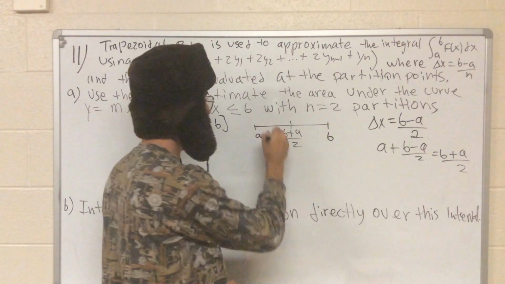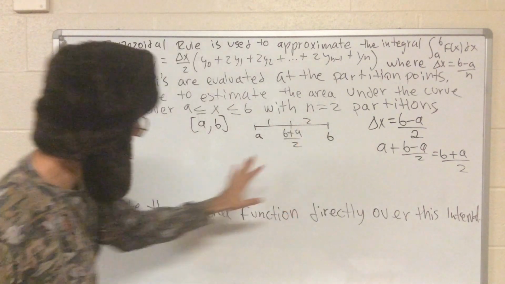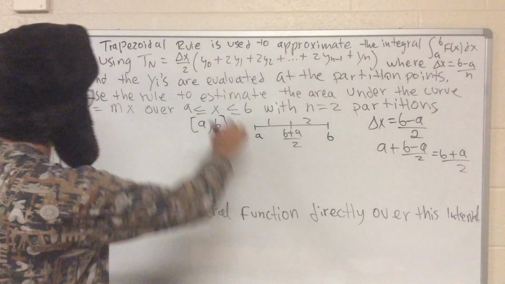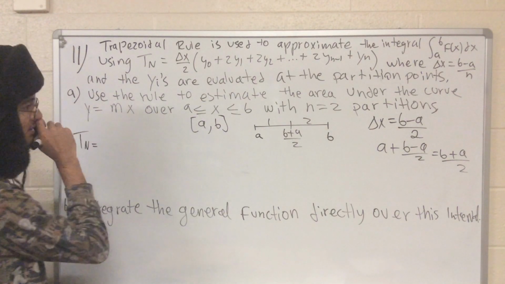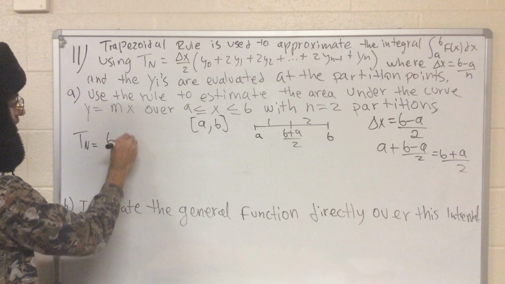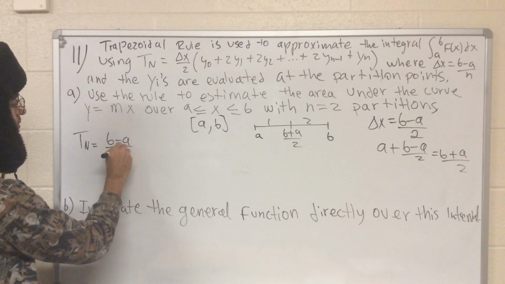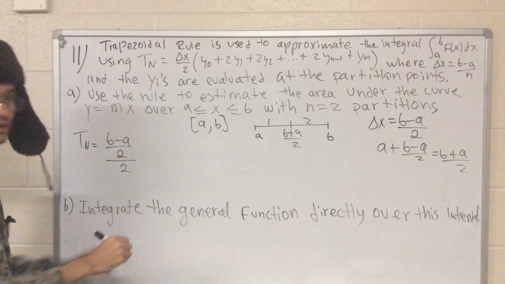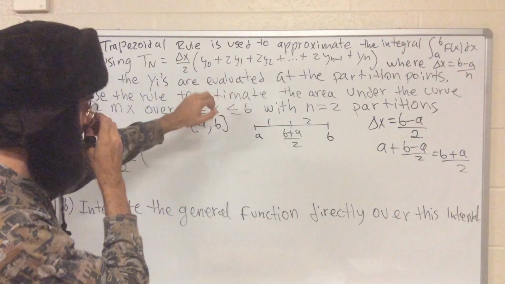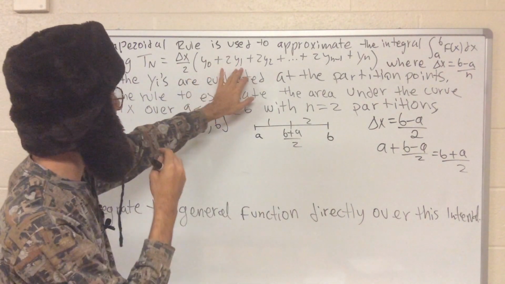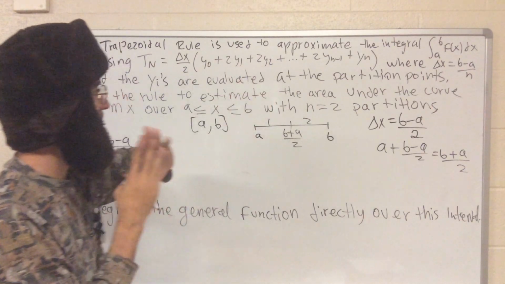So we have now 2 partitions, 1 and 2. Now, what we're going to use is the trapezoidal rule, so Tn will be equal to delta x, which in this case is b minus a over 2, over 2, and then all of that multiplied by y0. So we only have y0, y1, and y2, y final.